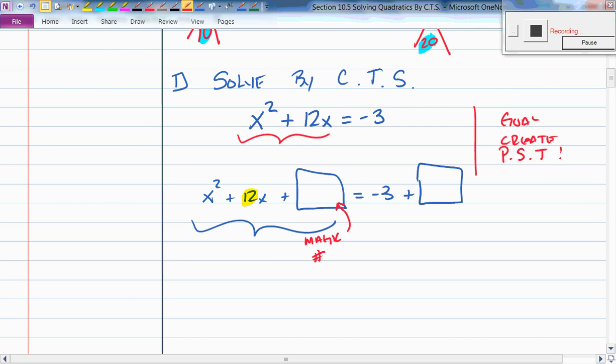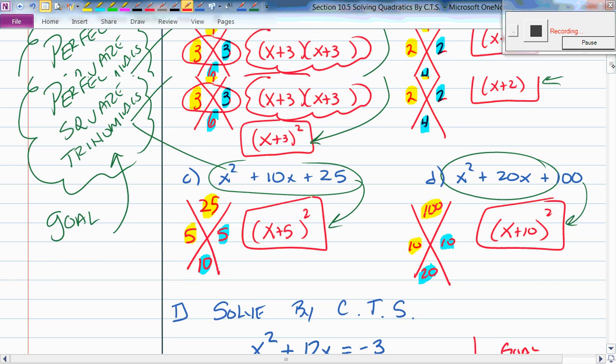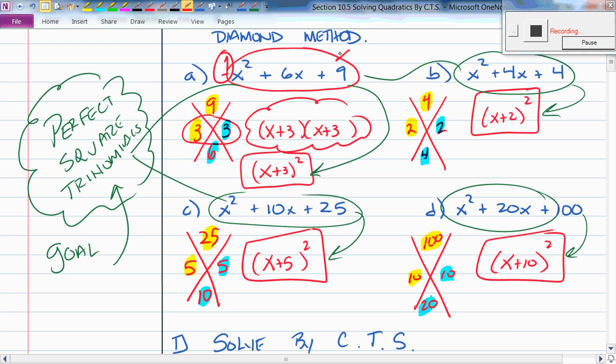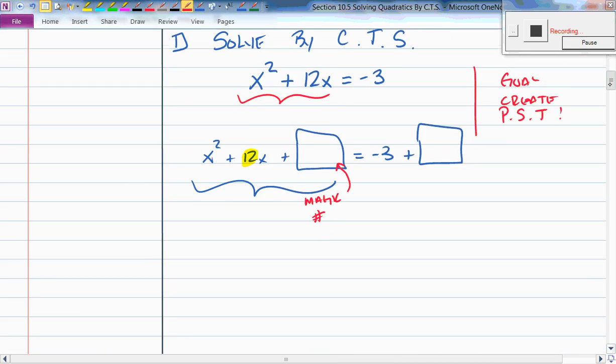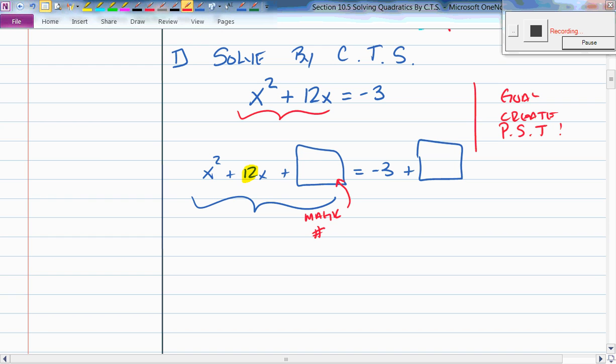The reason I call it the magic number is because it's the one number in the world that will create for you a perfect square trinomial, one of these. You already noticed that 9, and then the square root is 3, and then half of the 6 is 3. So I'm going to give you what that number is, and I want to see if you guys can create it. The number is 36.